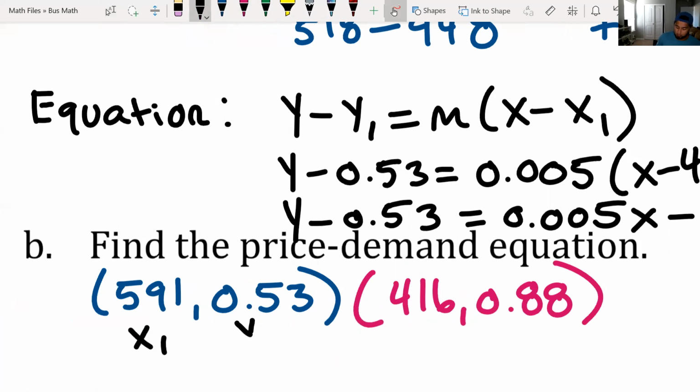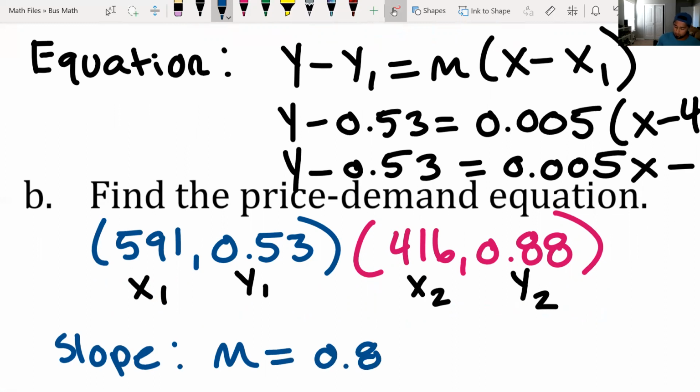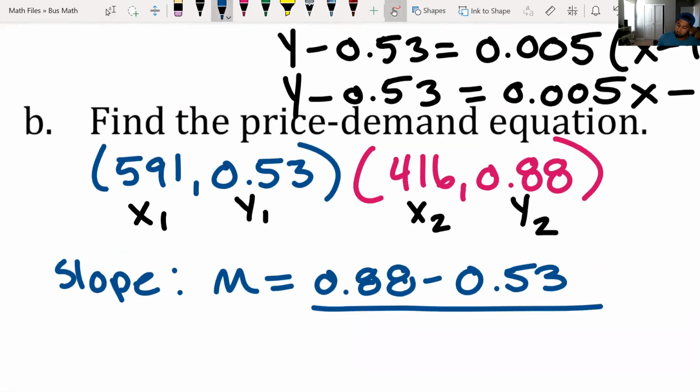Here's x1, y1, x2, y2. Find our slope. m equals y2, which is 0.88, minus y1, which is 0.53, over x2, 416, minus x1, 591.